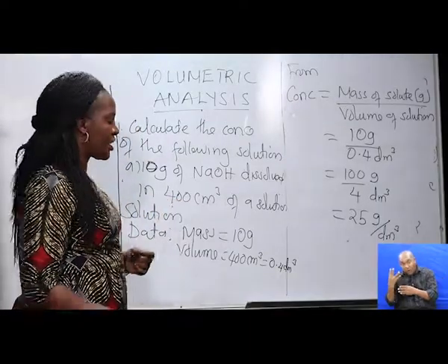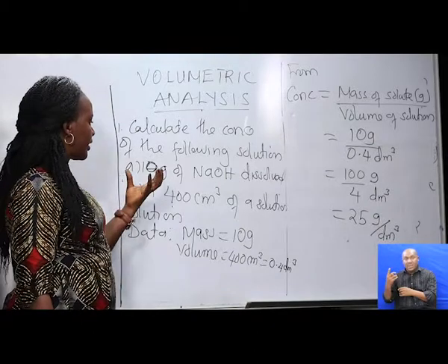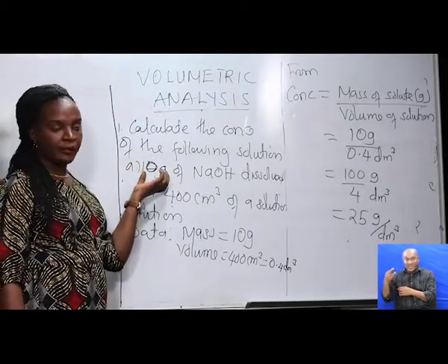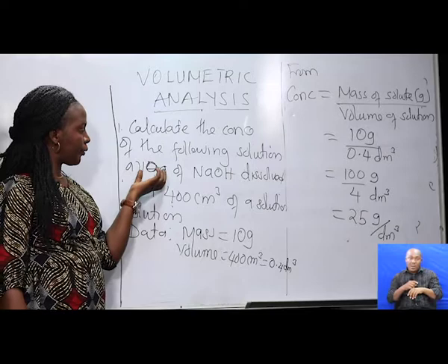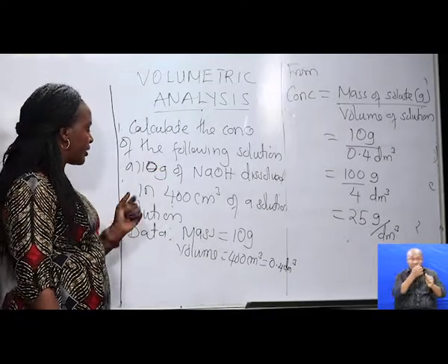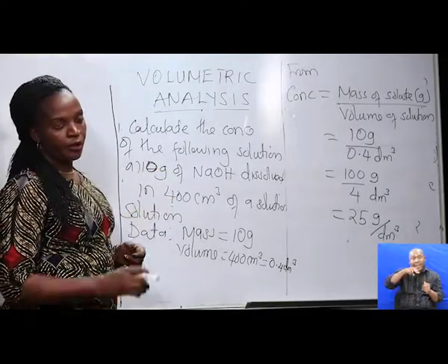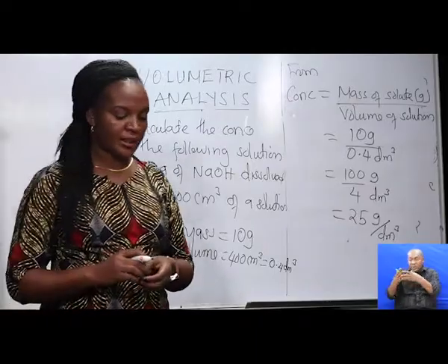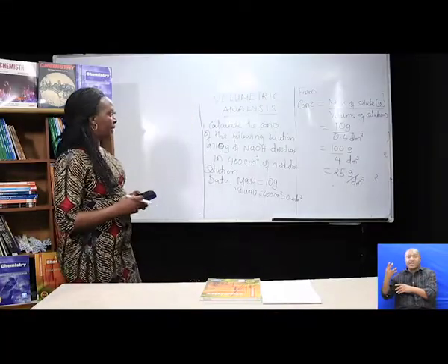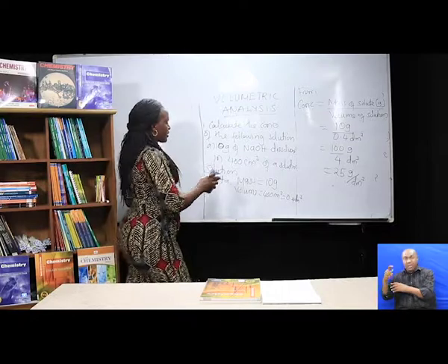This is the concentration that will be obtained when you take 10 gram of solute sodium hydroxide and dissolve it into 400 centimeter cubic. That is type number 1, known as mass concentration.